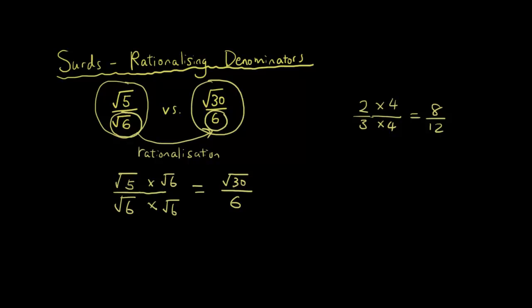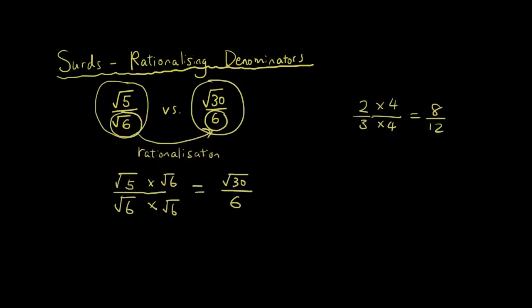So what is the point of rationalizing the denominator? Well, in maths, when we have so many numbers expressed in different forms, the convention is to rationalize the denominator so that whenever we look at two numbers that are both fractions of surds, we can notice straight away if they're the same number.